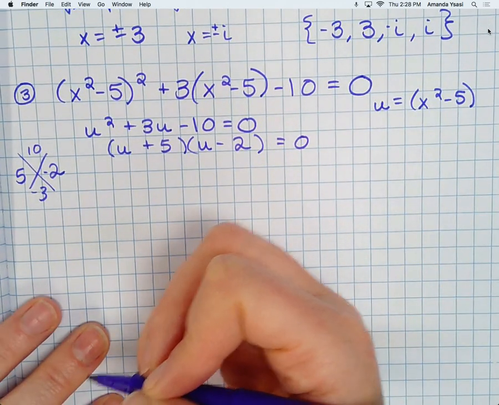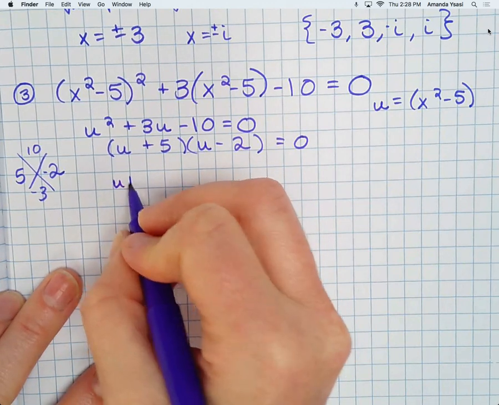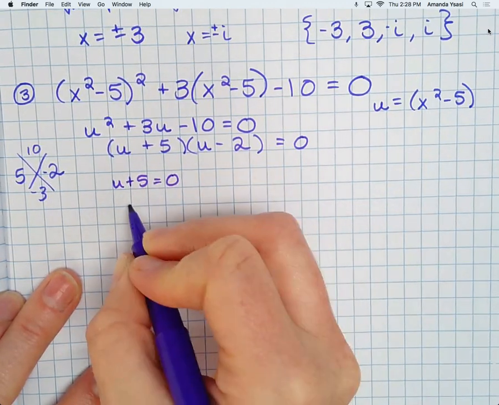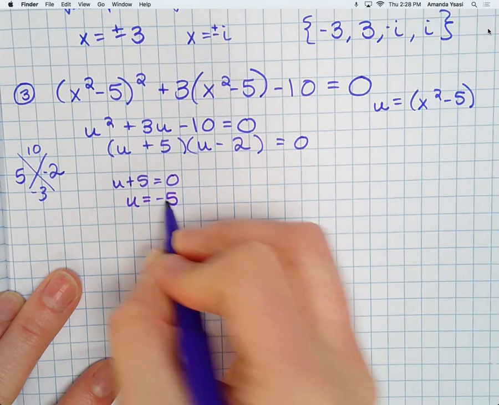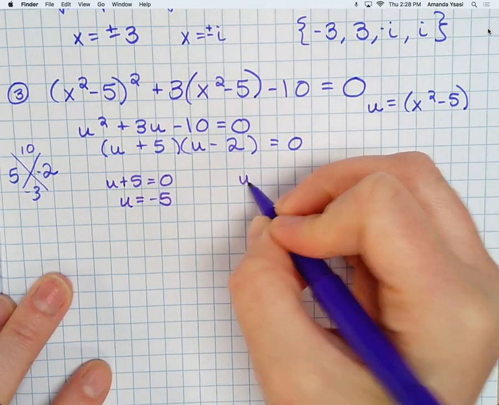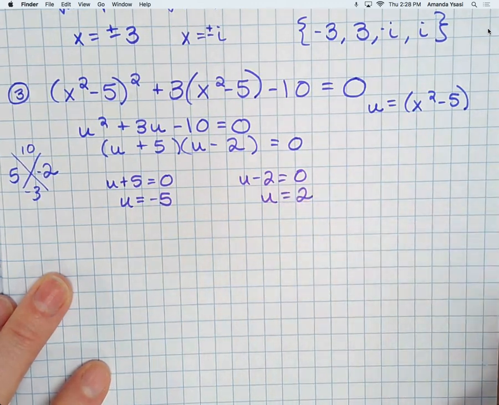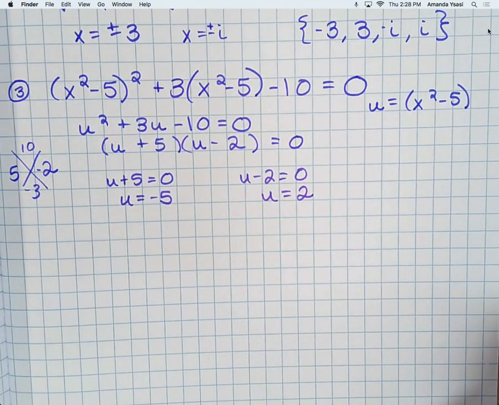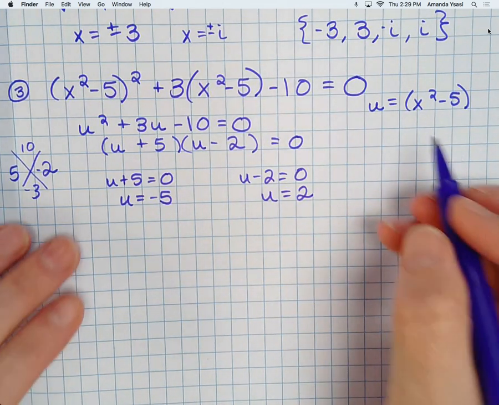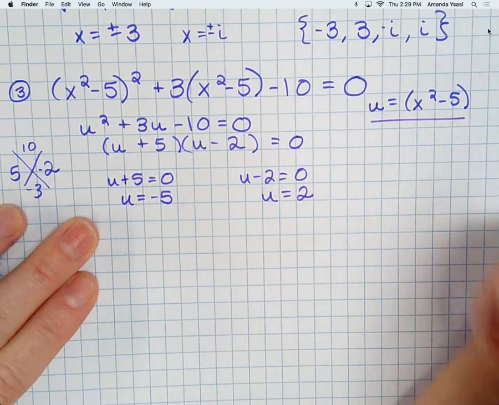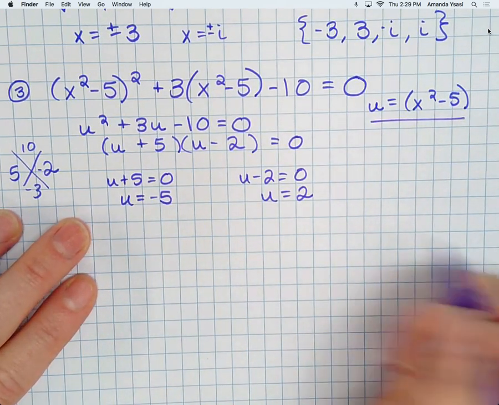Set them equal to 0 and solve. Then you're going to sub back in the x squared minus 5 for u.